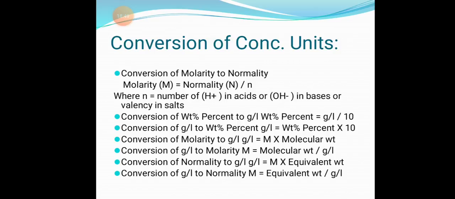Conversion of molarity to gram per liter: gram per liter = M × molecular weight. Conversion of G/L to molarity: M = G/L divided by molecular weight. Conversion of normality to G/L: G/L = N × equivalent weight. Conversion of G/L to normality: N = G/L divided by equivalent weight.